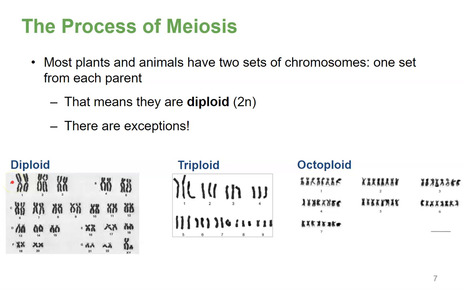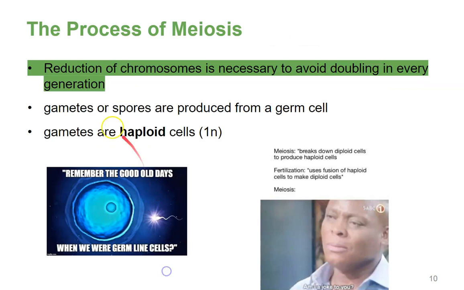If we didn't have haploid gametes, let's say we just had a cell like this, and it met up with another cell that looked like this, well, then we're going to end up with 4 chromosomes on each number here. And that's not good, okay? So we have to have a reduction. We have to cut our chromosomes in half so that we get 1 plus 1 equals 2 for each chromosome.